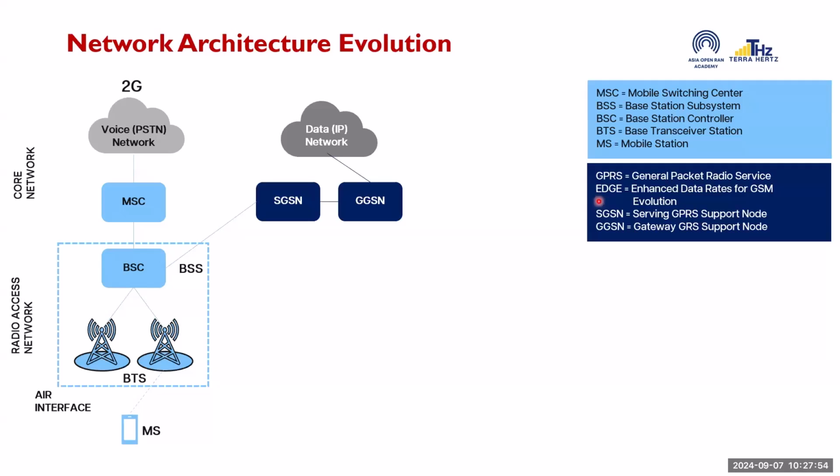Okay? And then, in the core part, there was an improvement. They built what we call SGSN, the Serving GPRS Support Node. That is the one connected to the BSC. Actually, it also has a connection to the MSC. And then GGSN, the Gateway GPRS Support Node, going out of the network. So this is the internet or the data or IP network.